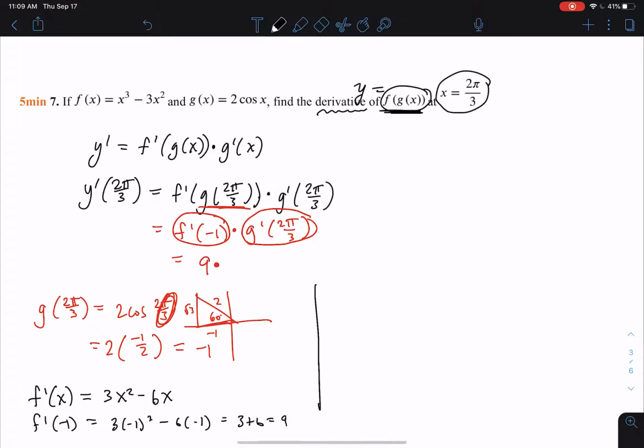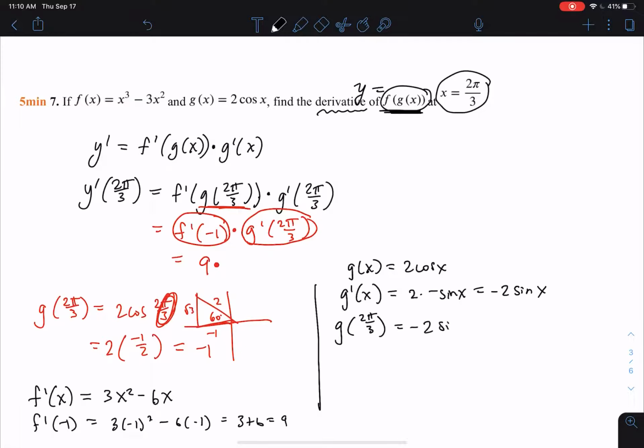Yes, we should find g prime of x first. Well, if g of x is 2 cosine x, g prime of x will be 2 times negative sine x, or -2 sine x. Let's plug in 2 pi over 3 now. Good news. We already drew the graph.